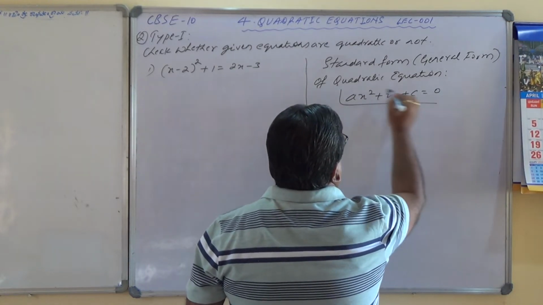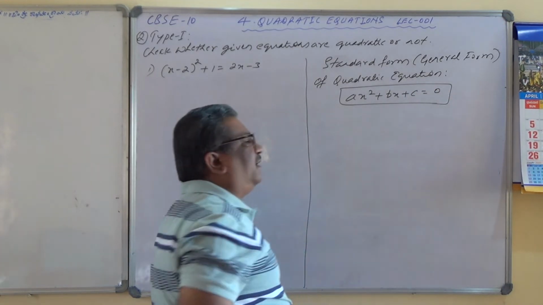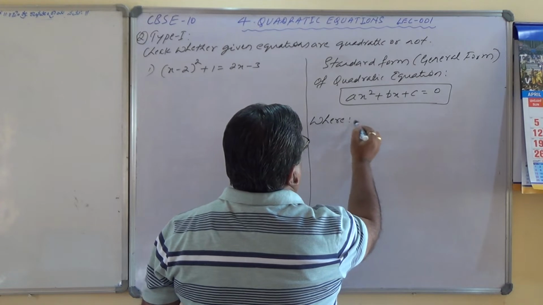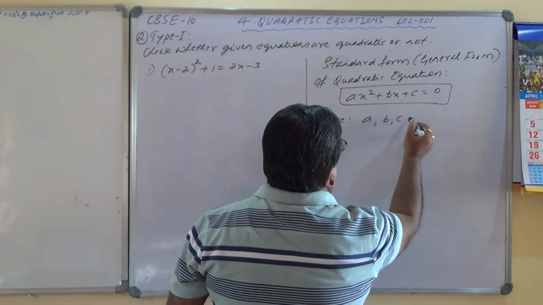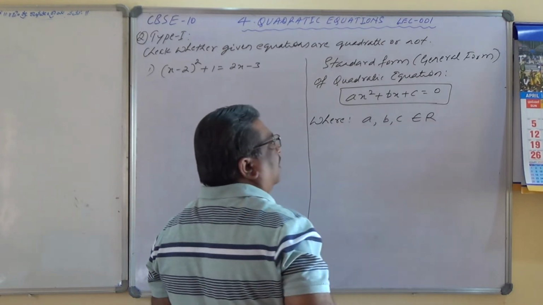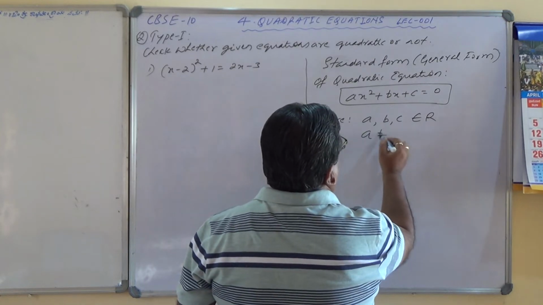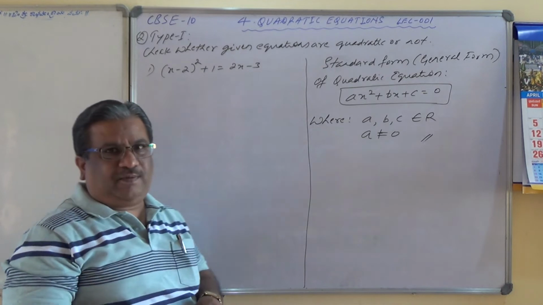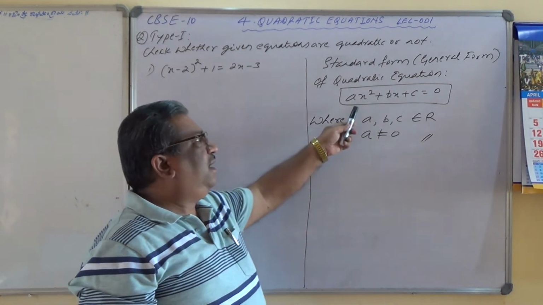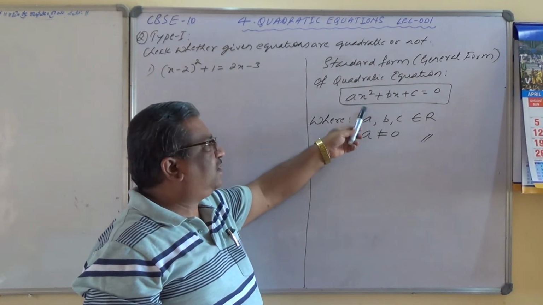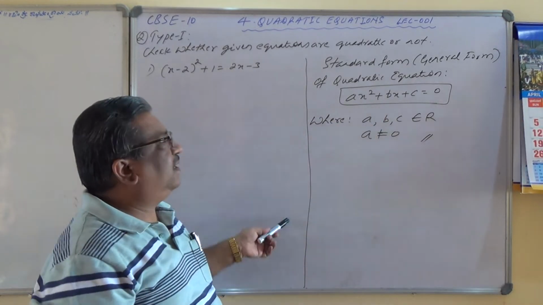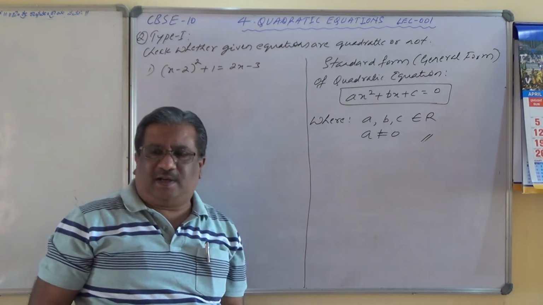It is called the general form or the standard form of a quadratic equation, where a, b, c belong to real numbers and a should not be equal to 0. Here, a is the coefficient of x square, b is the coefficient of x, and c is a constant term. I hope you understand this one. This is the standard form or the general form.